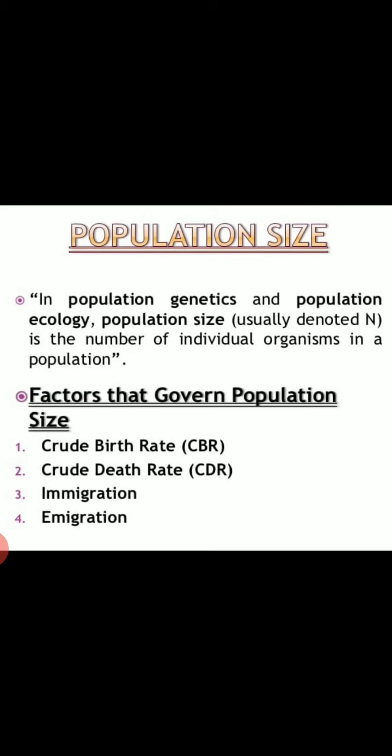And the factors that govern the population size are these four: birth rate, also called crude birth rate, crude death rate, immigration and emigration. So these factors influence the population size.